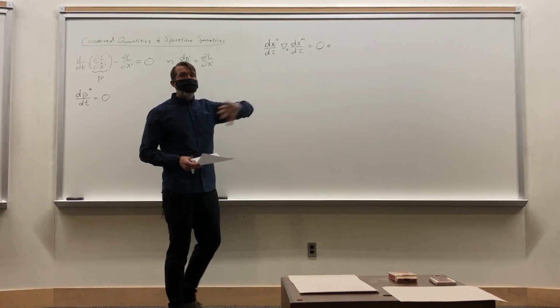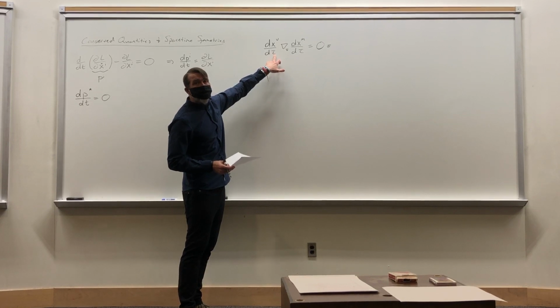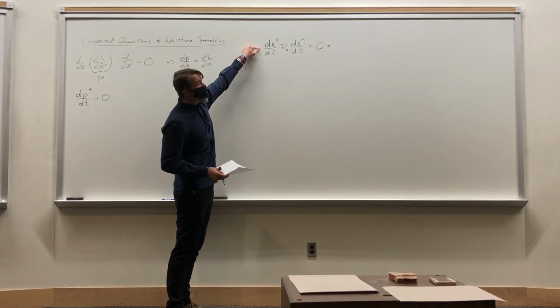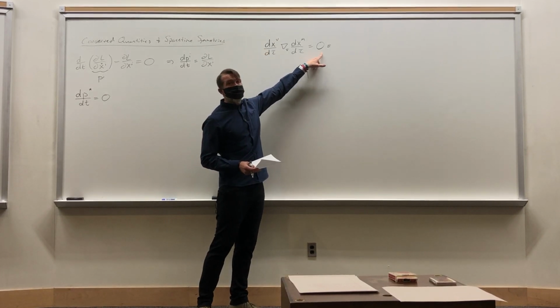You could parameterize the path with anything, but I'm actually using what we call the proper time, or the length of the path, because if I multiply this by the mass squared, it's still equal to 0.